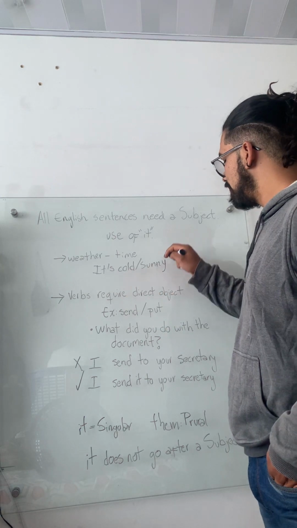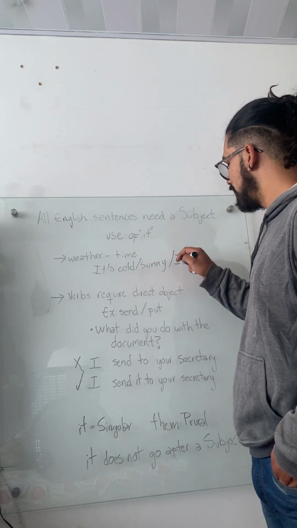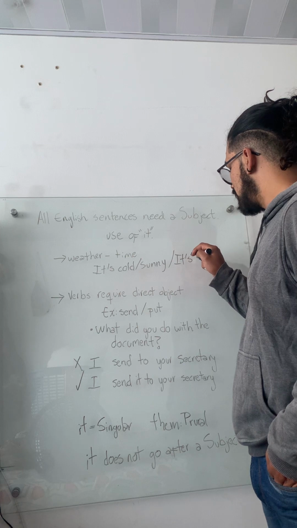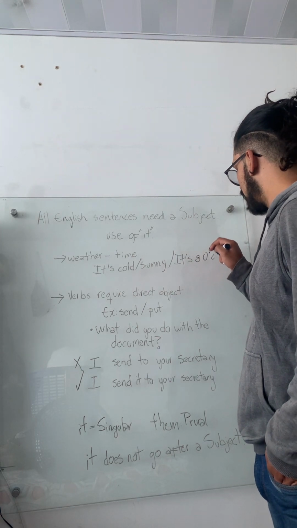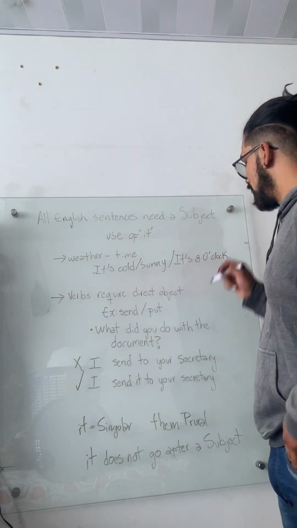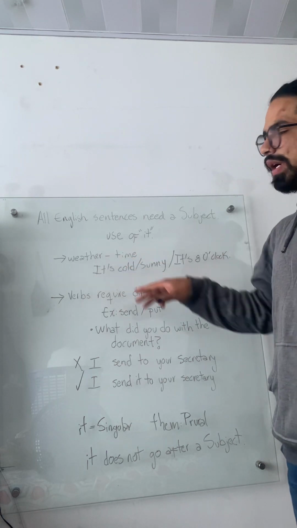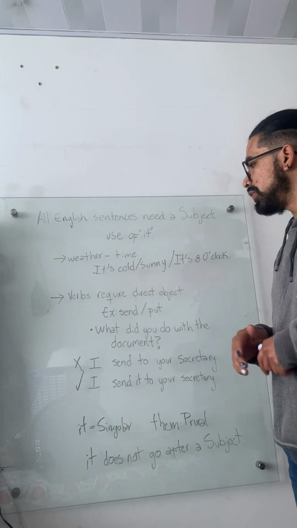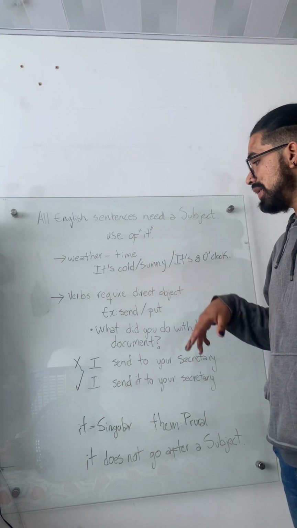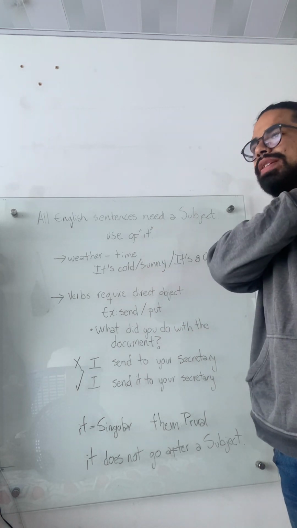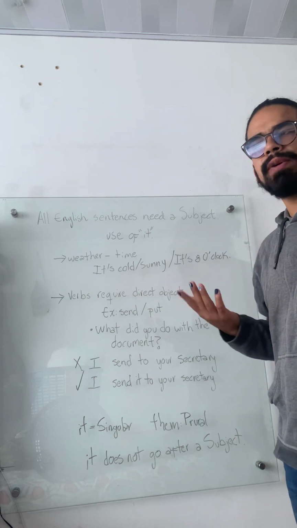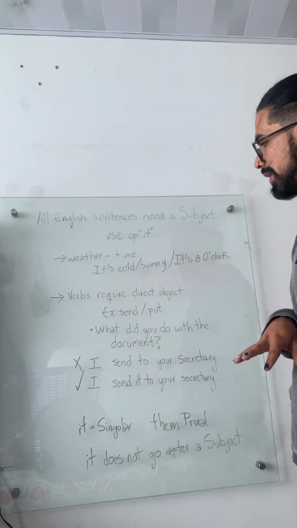And for the time, we say, for example, "It's 8 o'clock, right?" So these are two different uses of "it," the weather and the time, and this is not really replacing a subject or referring to something previously mentioned.